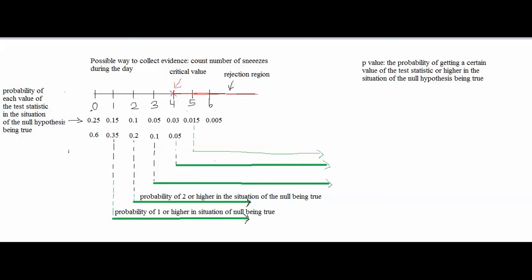This right here is 0.02. That's the p-value of 5.